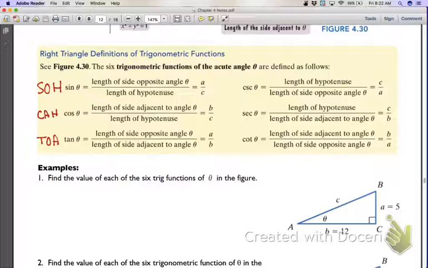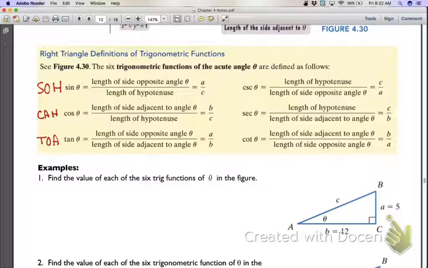So whenever we find the value of each of the 6 trig functions of theta, first off, we've got to make sure we have all 3 sides. Okay, so whenever we have A is 5, B is 12, we need to figure out what our third side is, what our missing side is. So in this case, we're missing the hypotenuse.